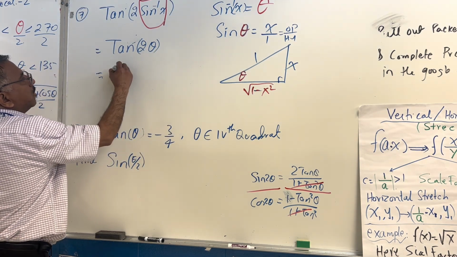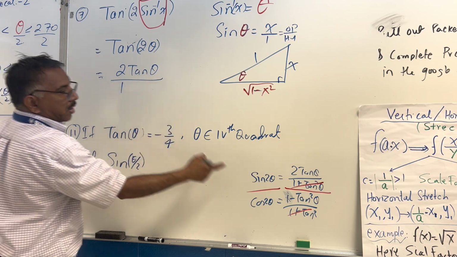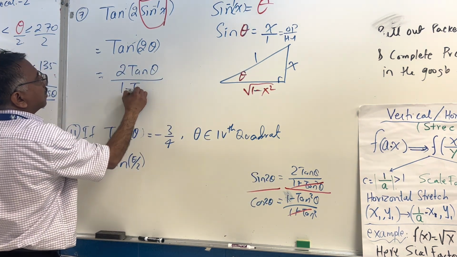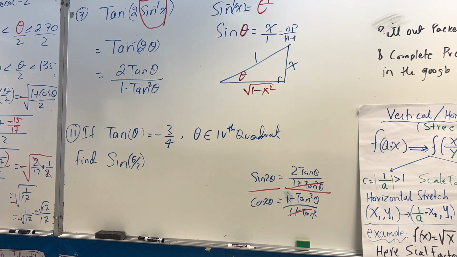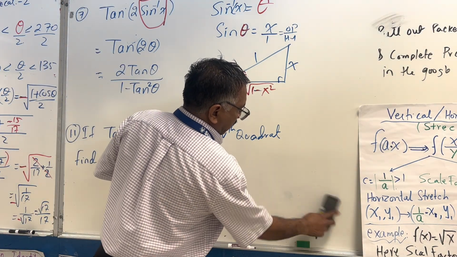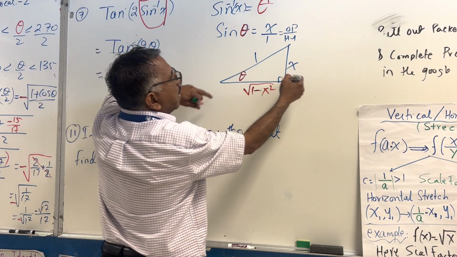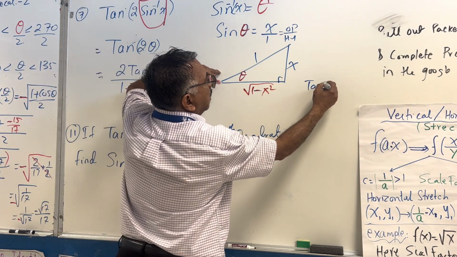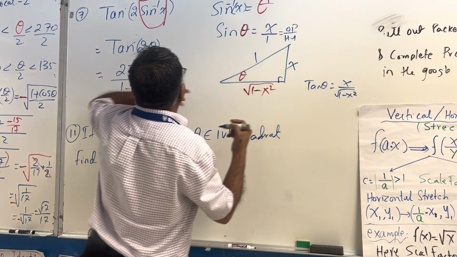This will be 2 tan theta over 1 minus tan squared theta. Is that okay? So what is tan theta here? It is x over root of 1 minus x squared, and that's all you're plugging in.